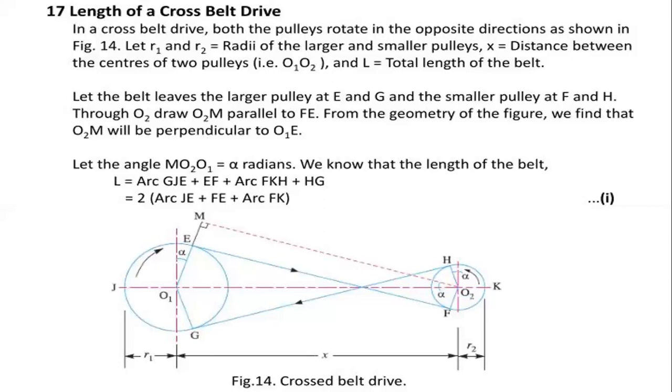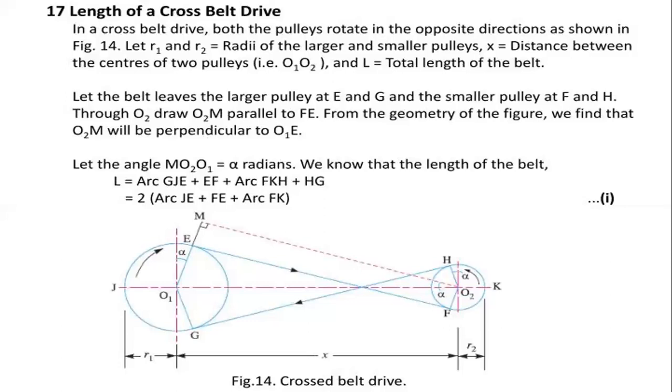And let the belt leave the larger pulley at E and G, and the smaller pulley at F and H. Draw O2M, which is parallel to the direction of FE.